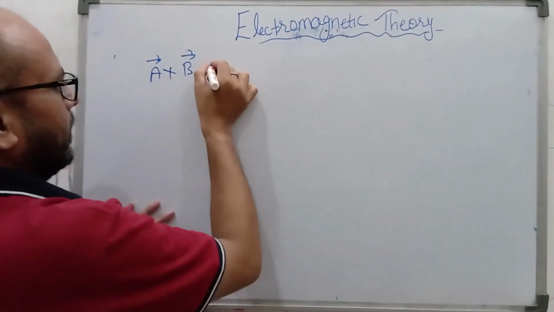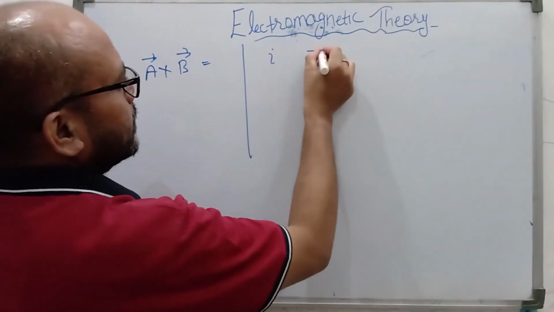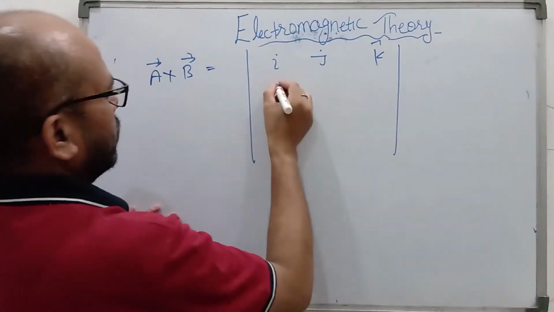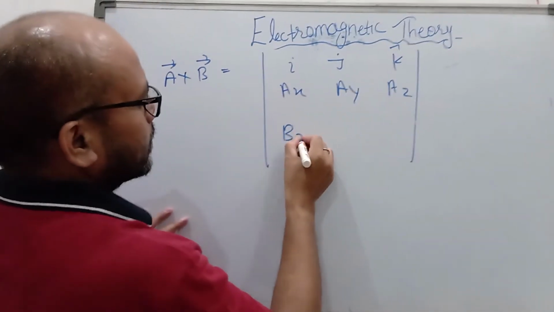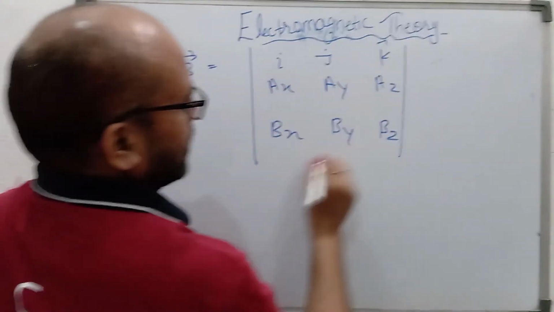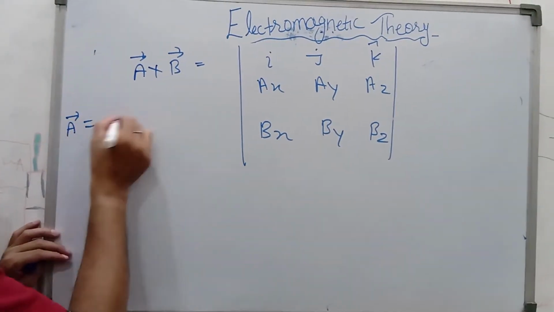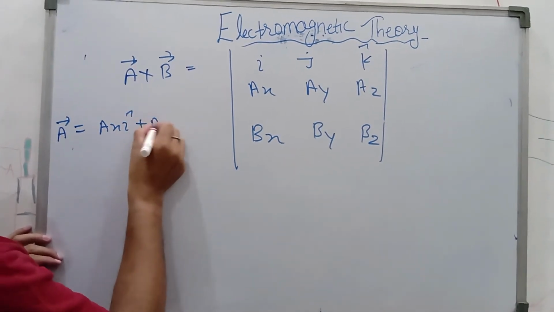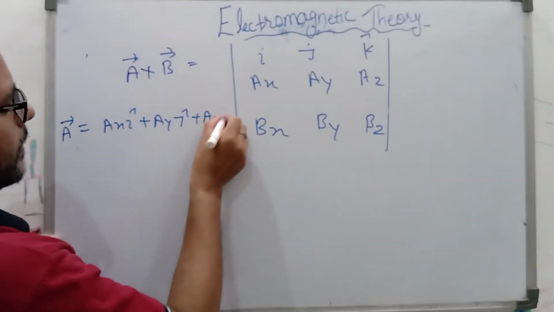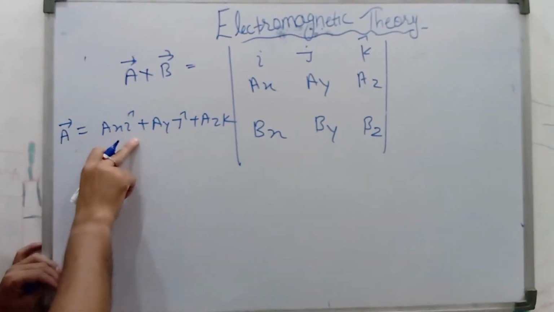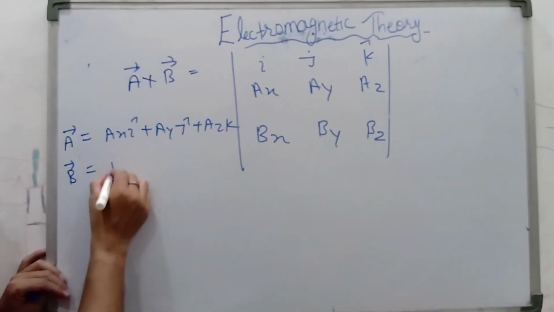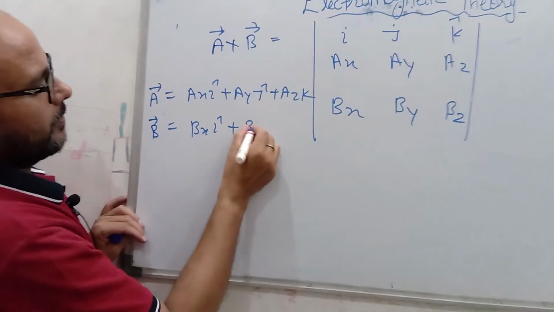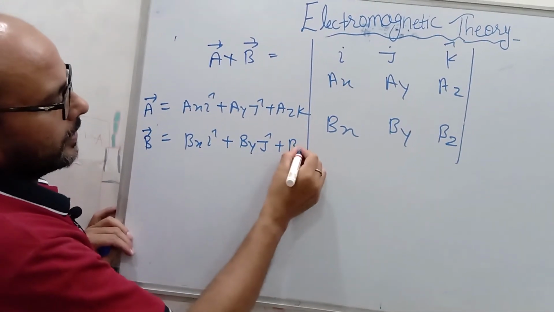Keep in mind that here we have i cap, j cap and k cap, then ax, ay, az, bx, by and bz, just like a determinant form. So A vector equals ax i cap plus ay j cap plus az k cap, where ax is the component along the x-axis, ay along the y-axis. B vector equals bx i cap plus by j cap plus bz k cap.